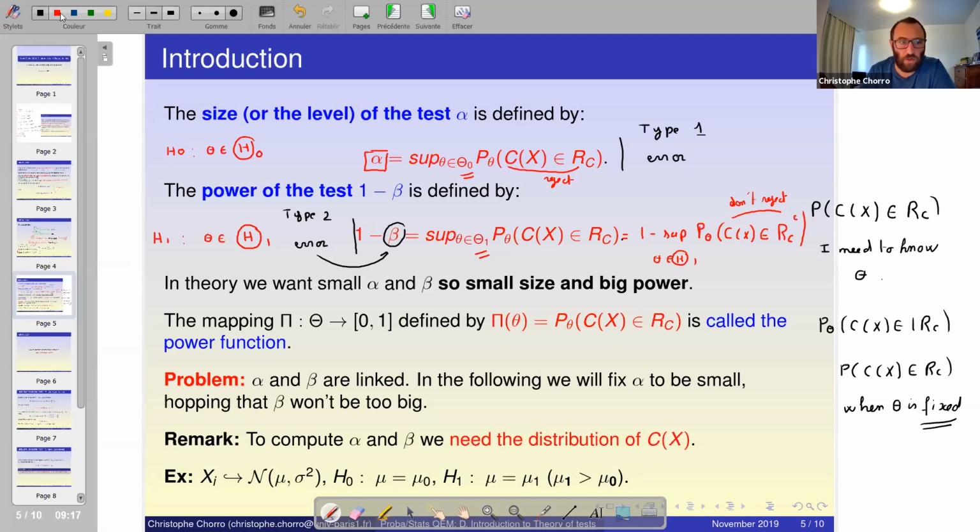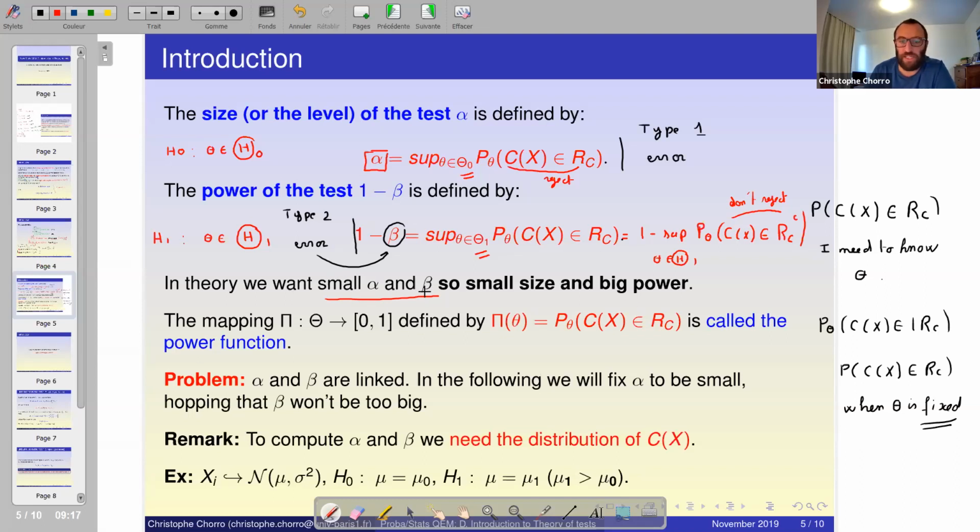So I want small alpha and beta. If I have a small alpha, it means that I will have a small size, or a small level, for the test. I will have a small type 1 error.